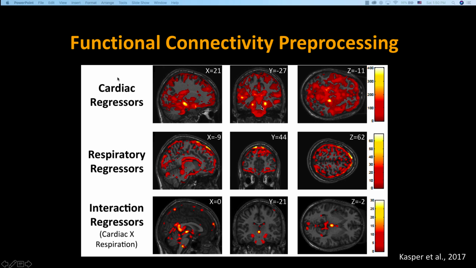Those are going to pick up on these pulsation artifacts. Any kind of systematic correlation between these cardiac regressors you have and signal will be captured by those. And for respiration, what do you notice about that? Where's it loading, and why would you think that? Does this make sense? These are like some sanity checks to do when you look at your own physiological regressors.